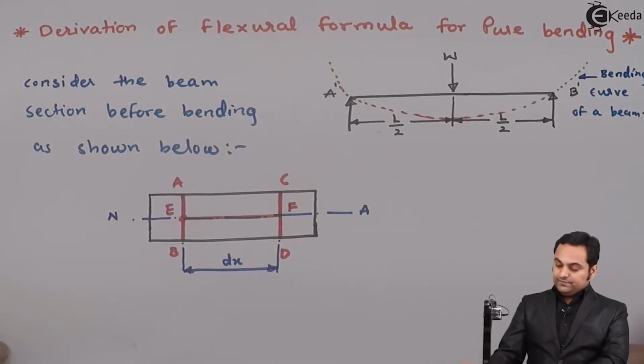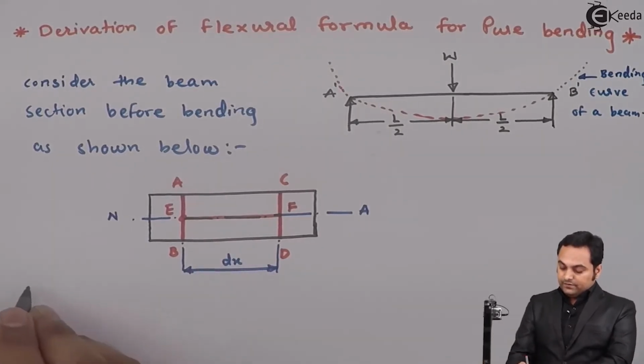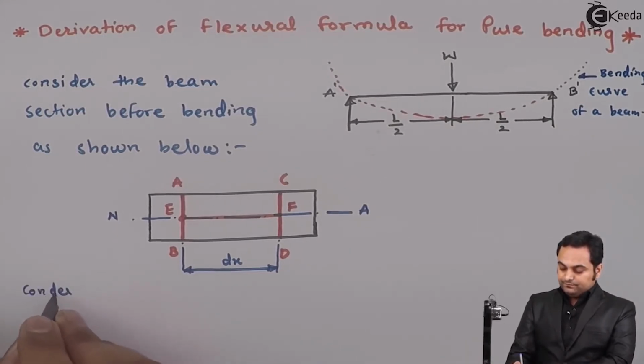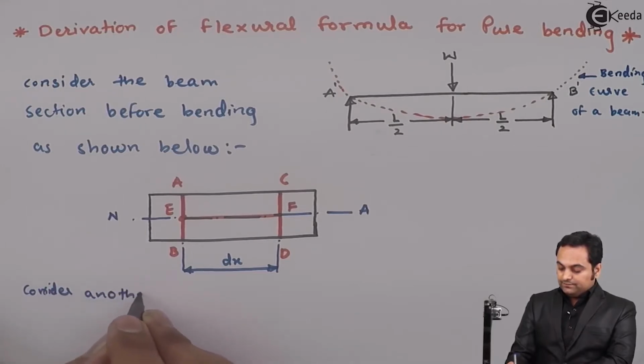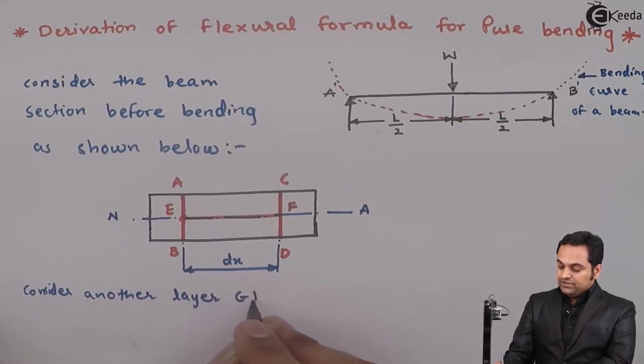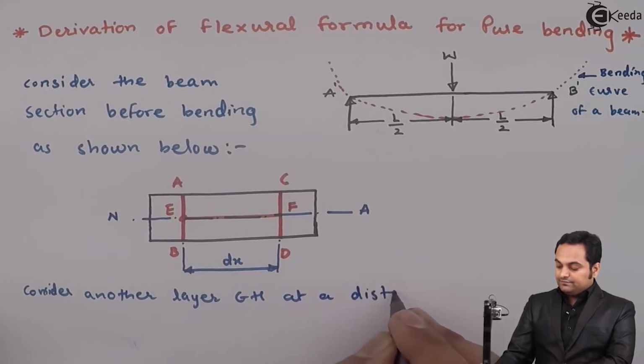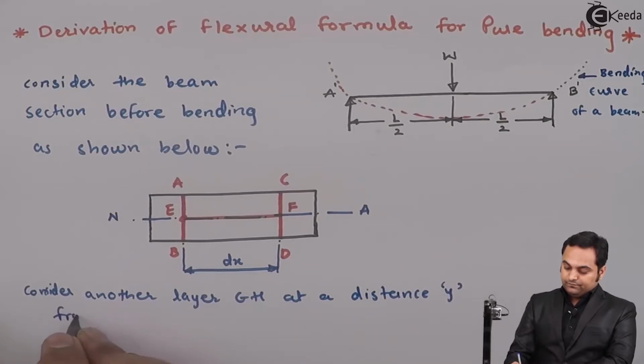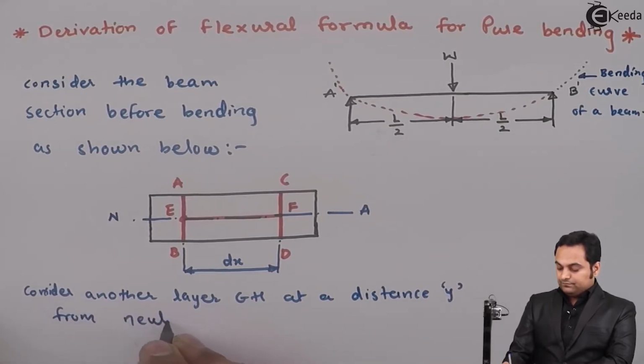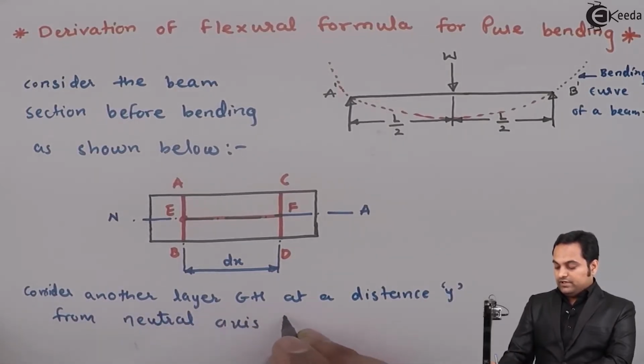Next, consider another layer GH at a distance small y from the neutral axis NA.